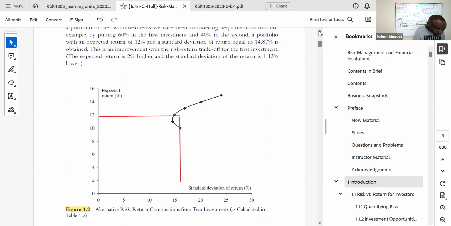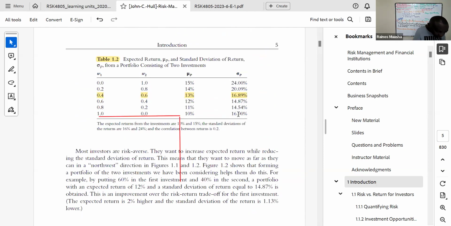And where we have the lowest standard deviation, this is the standard deviation of 14.54, and an expected return of 11%.